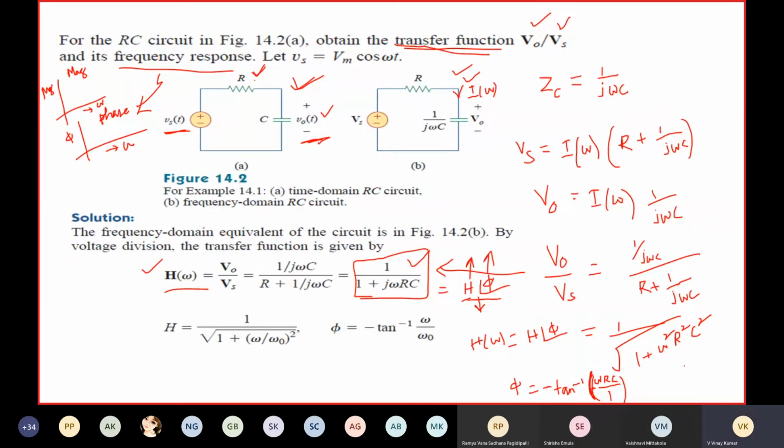Then you're going to get the magnitude like this, and you're going to get the phase angle like this.